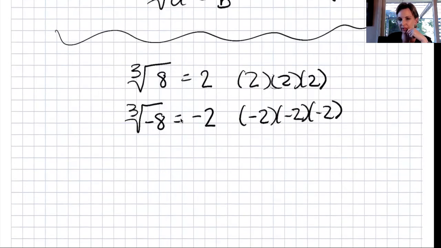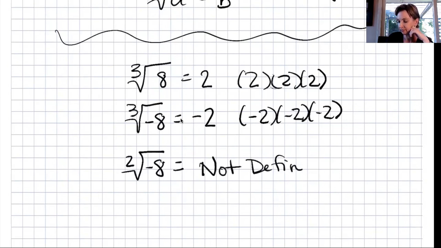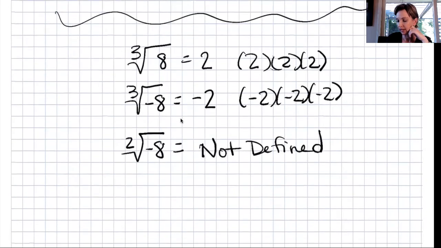But here's where we get a little bit confused sometimes. If I had the square root of -8, because we're only working with real numbers and we're not working with imaginary numbers, this would not be defined. It's undefined. And it wouldn't be defined for any even root.